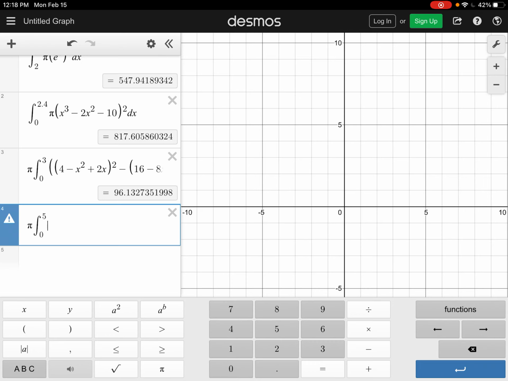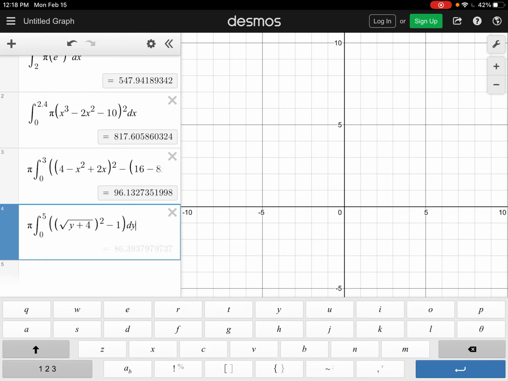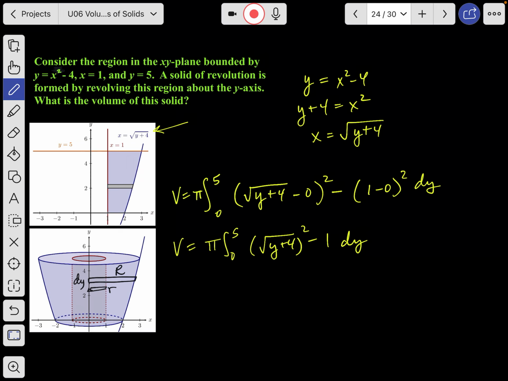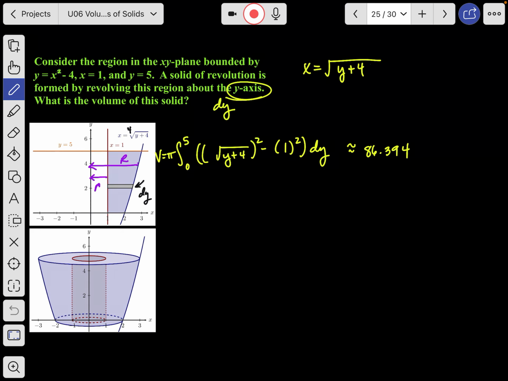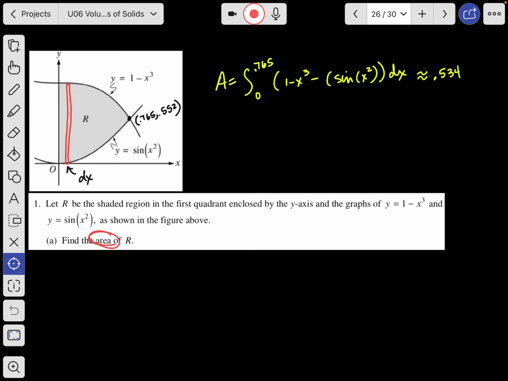We're going from 0 to 5, and this is going to be square root of y plus 4 squared minus 1 squared, or just 1, and then don't forget dy. 86.394. Approximately 86.394 units cubed. All of our answers for the AP test will be to 3 decimal places. And here it is again.